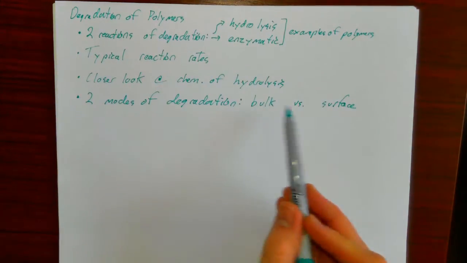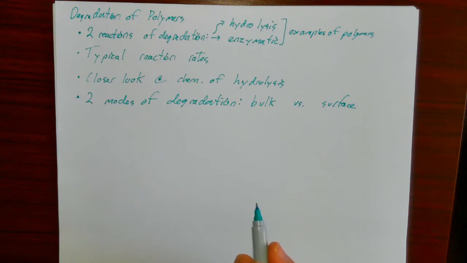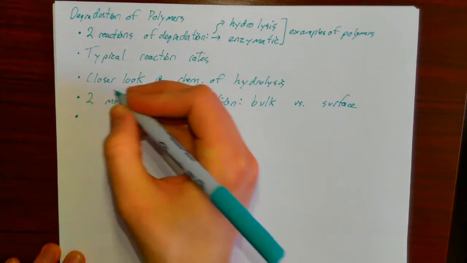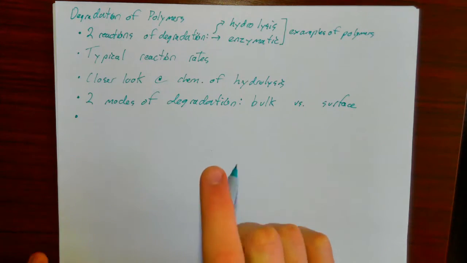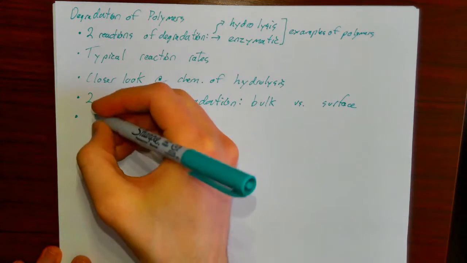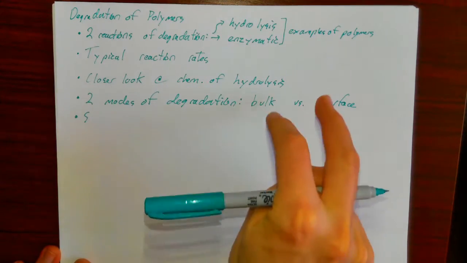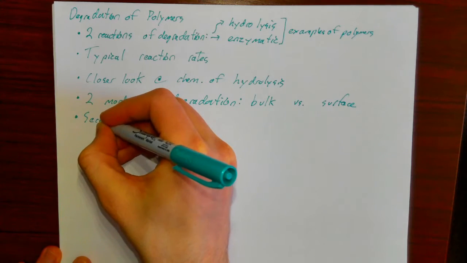And we'll describe these two phenomena qualitatively. But then it turns out that there's a quantitative metric that you can use to determine which of these modes you'll be in, and it's basically called the second Damköhler number. It's a parameter that you can use to help decide which of these modes you're likely to be in.